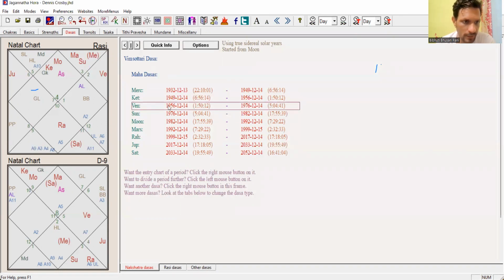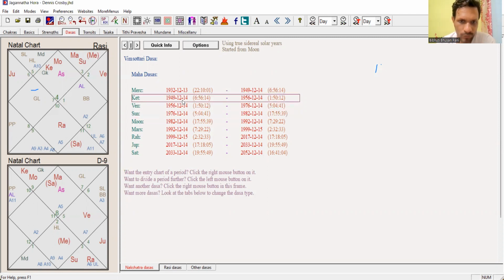The first period is Mercury, and as we see, Mercury is in the 12th house with the Sun. So I feel Mercury dasa may not be a very good period for him.